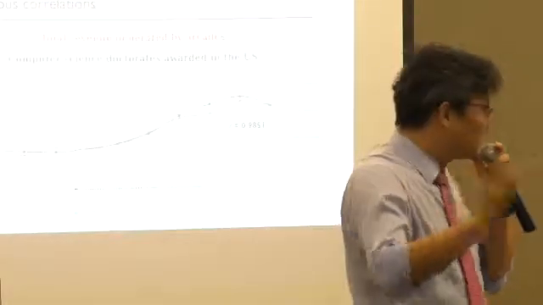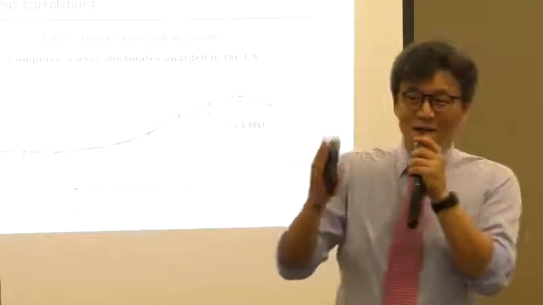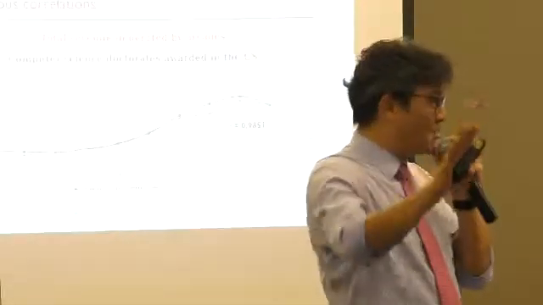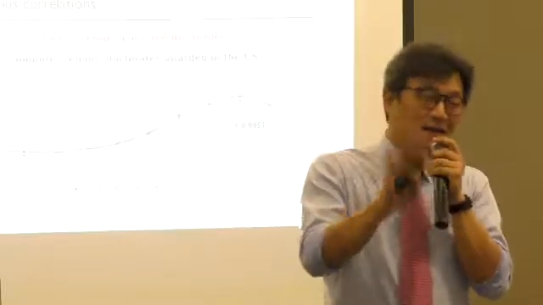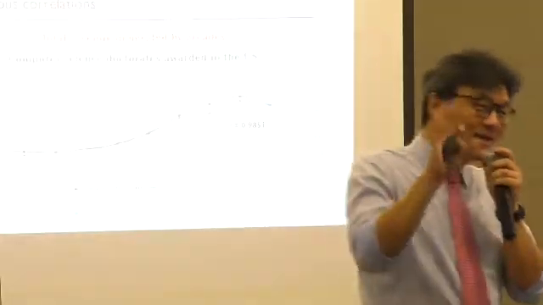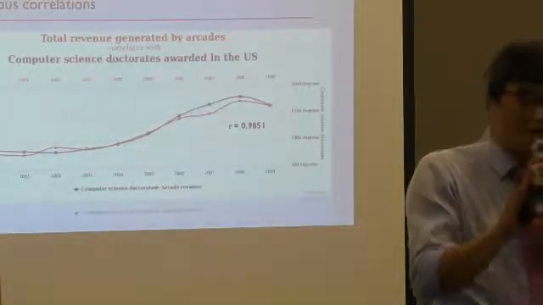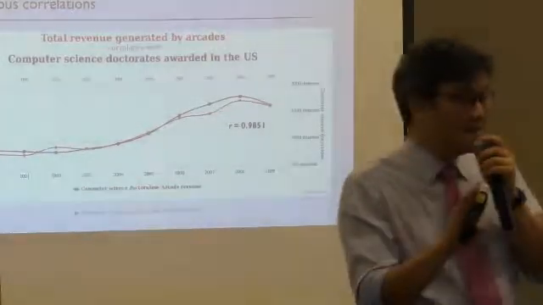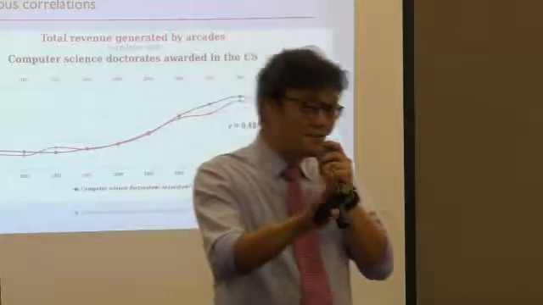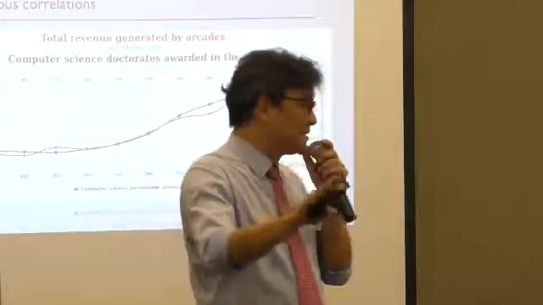Maybe a lot of the computer science doctorates are playing in arcades. Maybe that's true, but unlikely, right? But it has a 98.5% correlation. This is really, really high. Now, is this a type 1 error? Most likely. But you're going to get this kind of situation.